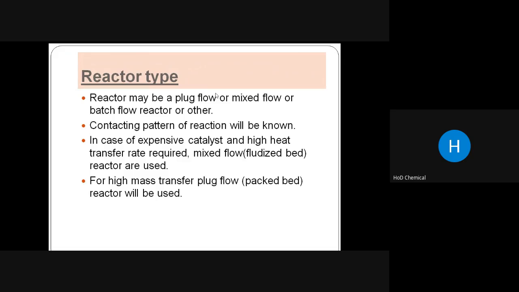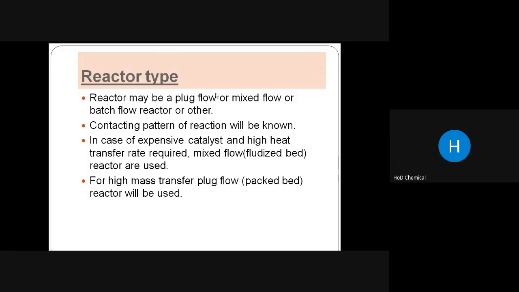And then the second one, reactor type. In reactor we have plug flow reactor and mixed flow reactor, or else batch and semi-batch. In reactor types, what is very important is the contacting pattern.